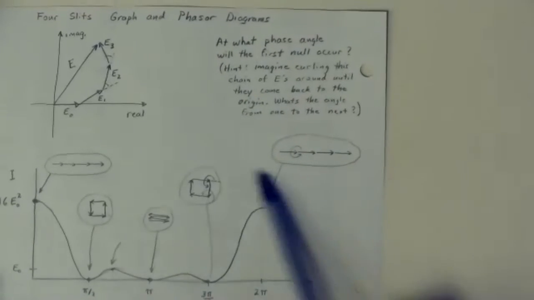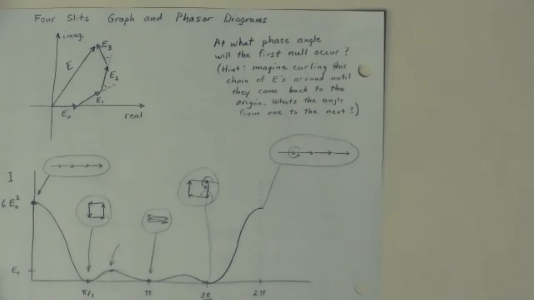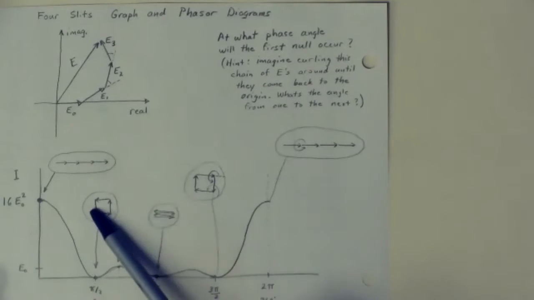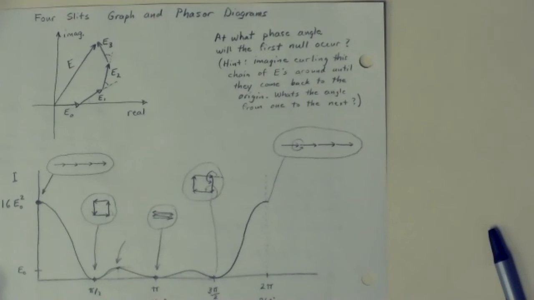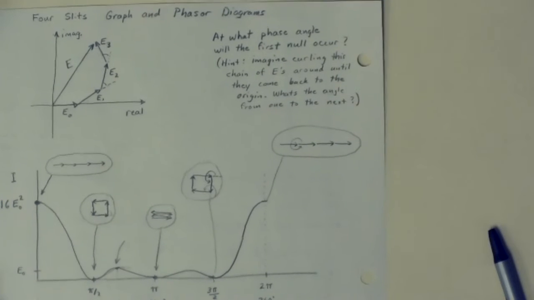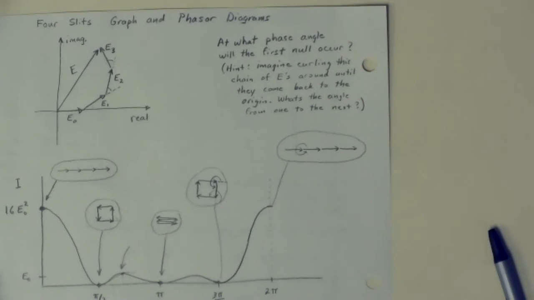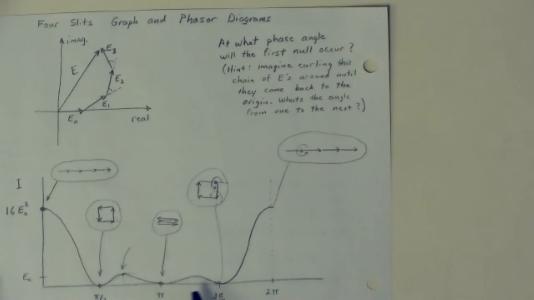So make a great big plot, and then on your plot, try to draw these little phasor diagrams and see if you can explain what is happening at each point, certainly at each of the nulls, and then try seeing what's going on in the bumps.